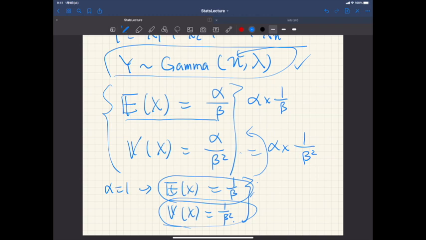So if you have one distribution, and you have a set of independent and identically distributed random variables, and take the sum and calculate a new random variable, then you always have this kind of result.